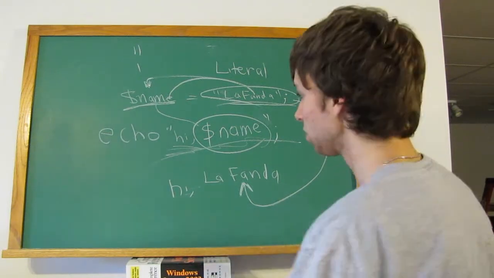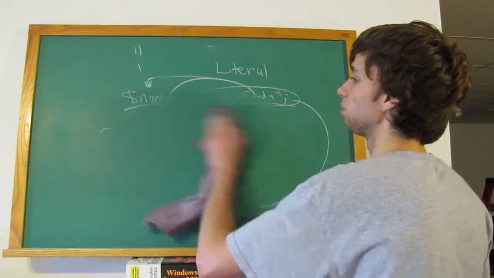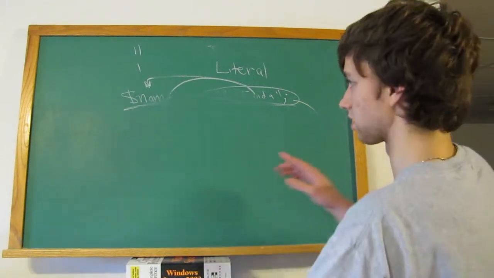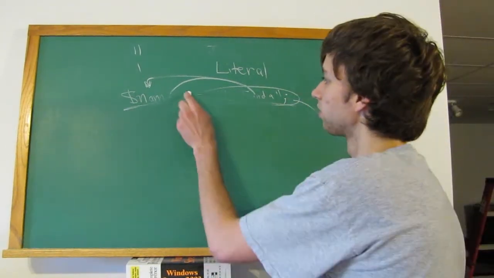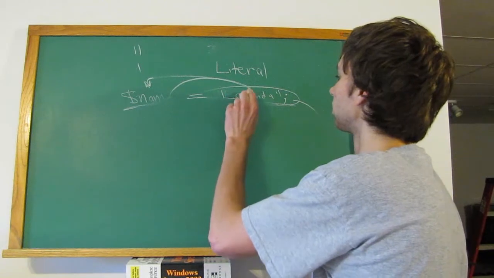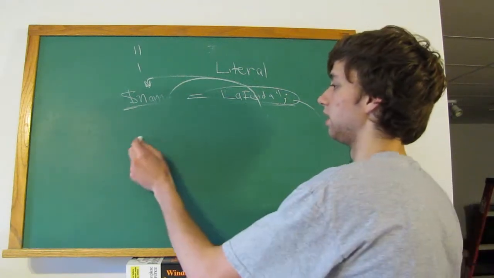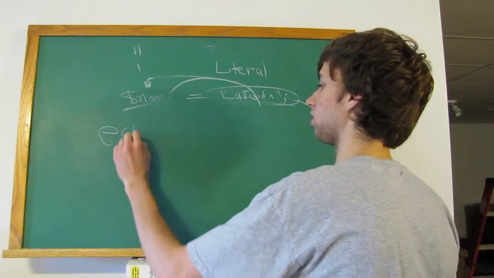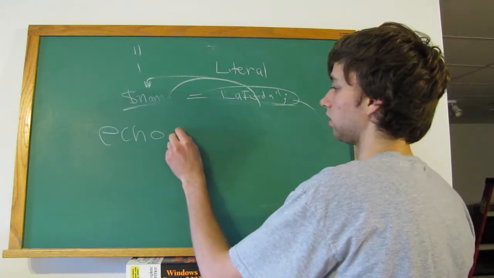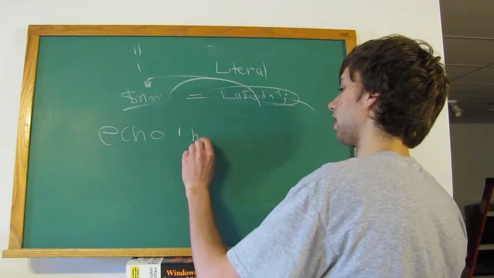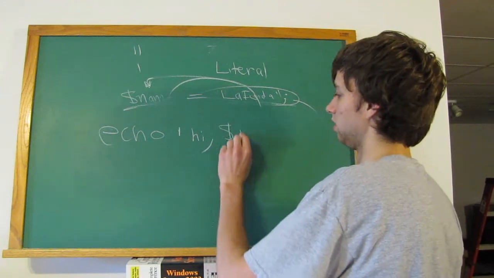But as for single quotes, if we did the same thing with single quotes, so let's just leave that variable definition there, and then we did echo, single quotes, hi, name.